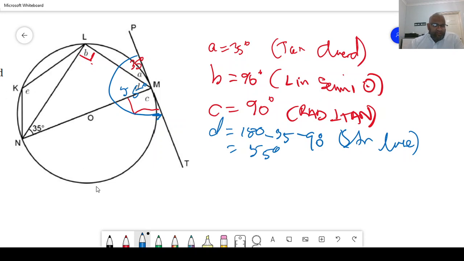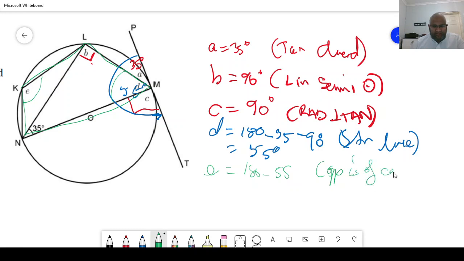Then for angle E, we can see, okay, this is a cyclic quad. Okay, and we know that opposite angles of a cyclic quad are supplementary. So E plus 55 is equal to 180. So E is equal to 180 minus 55. Okay, this is opposite angles of cyclic quad, supplementary.